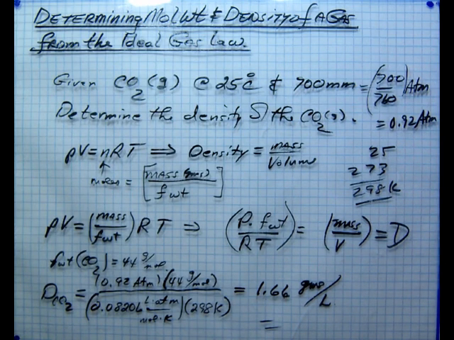The issue that you need to focus on when studying this problem is how I get from the ideal gas law to the relationship that provides you density. Keeping in mind that density is a mass volume issue, it transitions from here to the density equation through substituting mass over formula weight right there and rearranging this equation into this expression right there.